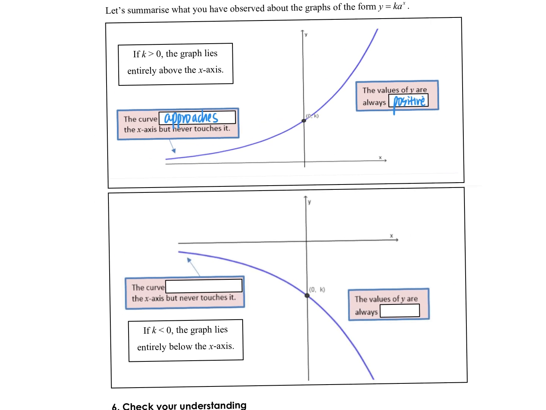If you flip it below, this one is like your 2 to the x just now. It can be 3 to the x too, change the number, doesn't matter. Then if you put a negative at the front, you flip downward. It shows that it also approaches the x-axis but doesn't touch it. And the values are always negative because the whole graph is below the x-axis.